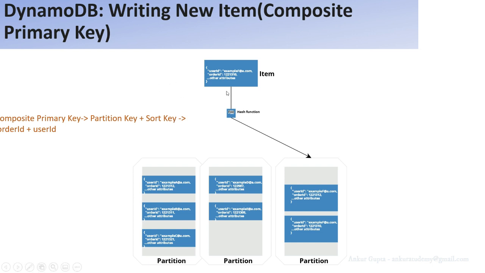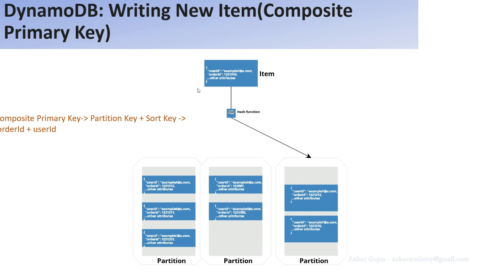Now again, the same mechanism is used by DynamoDB to store and fetch data or your item from partitions. DynamoDB will still take your partition key, hash it using the hash function, and then try to store all the items with the same partition key under the same partition close together. However, these stored items for a partition key will be ordered by the sort key value.